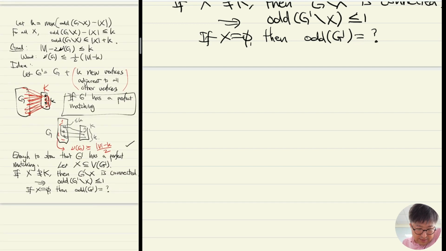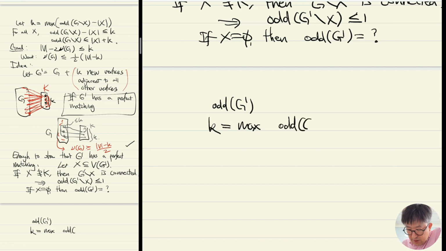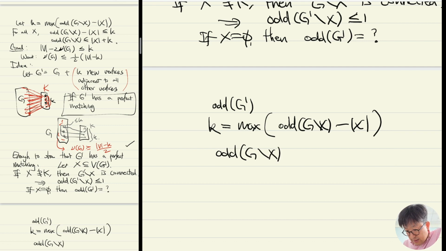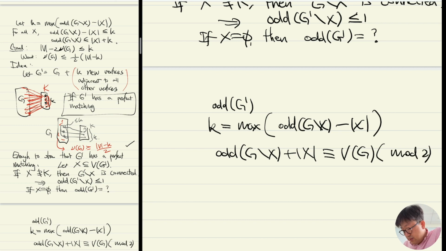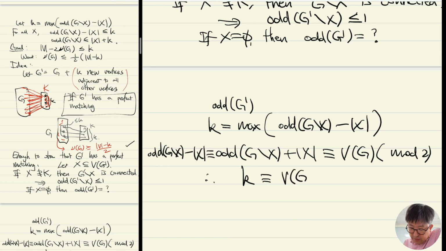Let's look at the K. K is equal to the maximum of the number of odd components of G delete X minus X. But the number of odd components of G delete X plus X has the same parity as the number of vertices of the graph G. This is true for every X. So K has the same parity as the number of vertices, modulo 2, because minus 1 is the same as plus 1.